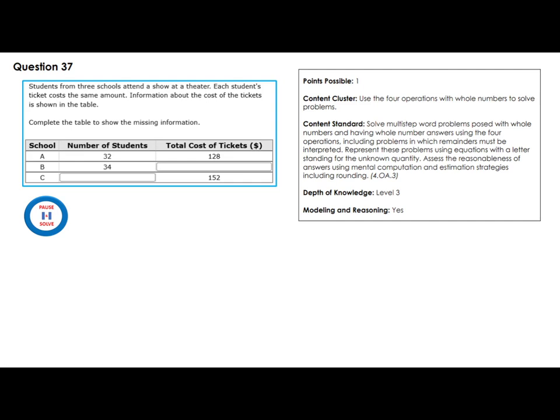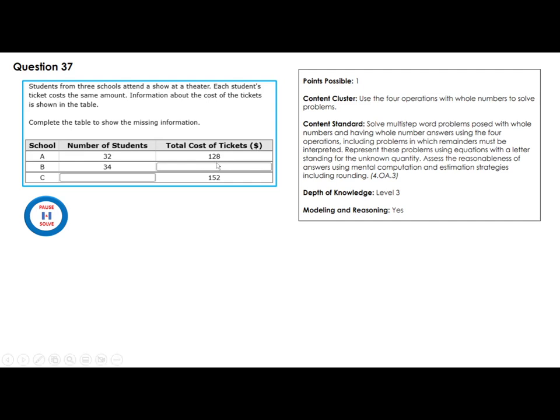Students from 3 schools attend a show at a theater. Each student's ticket costs the same amount. Information about the cost of the tickets is shown in the table. Complete the table to show the missing information. In A, he gives you the number of students and the cost of tickets.